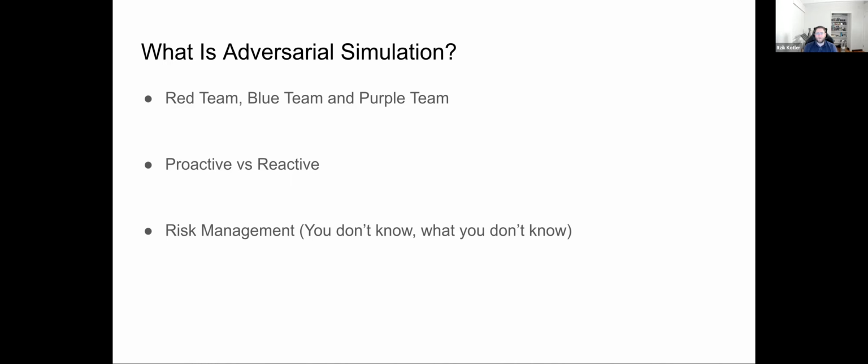And those could be, for instance, using technologies like breach and attack simulations, scanners, different types of inventory tools to engage with the company's infrastructure and test it in order to understand if their security controls and the current configuration are configured correctly. And we'll talk a little bit about this later in the presentation, about some of the outcomes that adversarial simulation is giving back to the company.